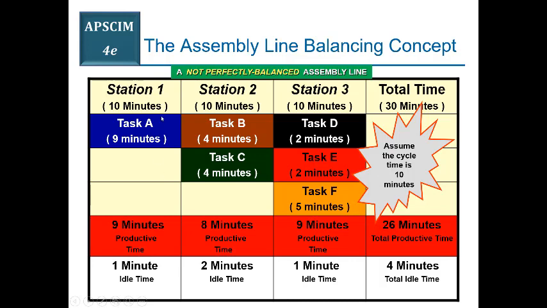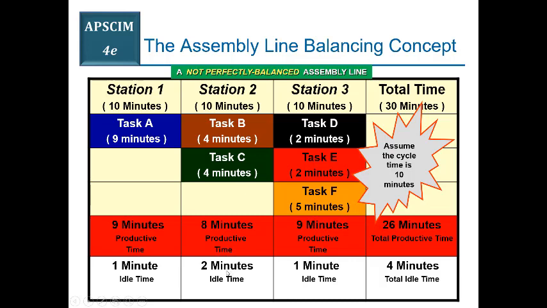So for example अगर station 1 है and the operational time is 9 minutes, so this means that there is a 1 minute idleness for station number 1, you know. So you have a 1 minute idle time over here.